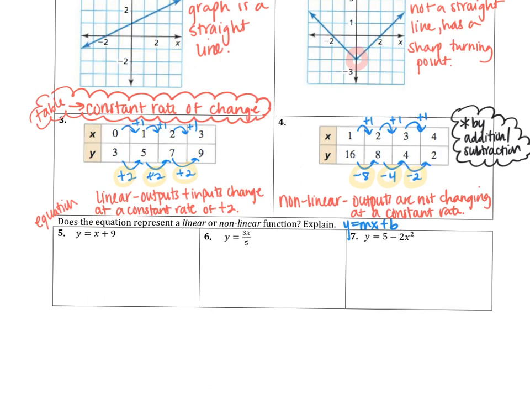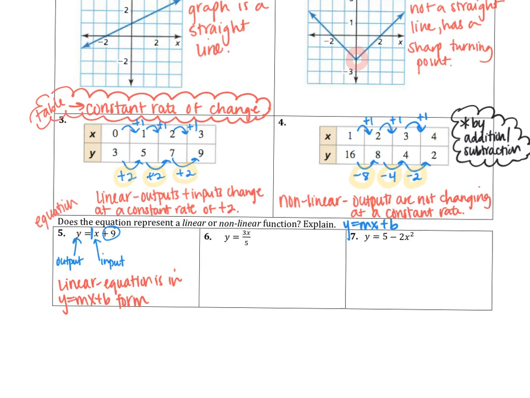We've got y equals, there's my output, and my input. And then I've got a constant, and remember, an invisible constant of 1. We don't write 1x because we're too lazy, but we know it's there. So is this linear or nonlinear? Yes. This is linear.